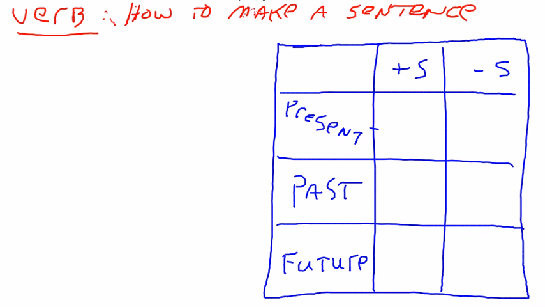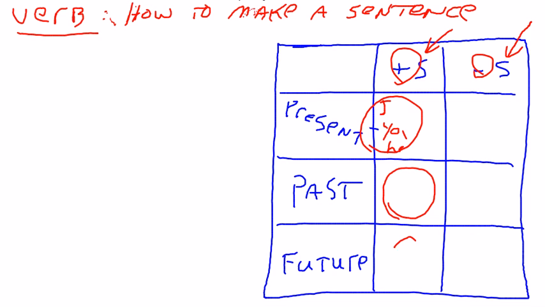Once again, the abbreviation here, S, is sentence. You have the positive and the negative. And I go through the same diagram with I, you, he, we, you, they, in the present, the past, the future.